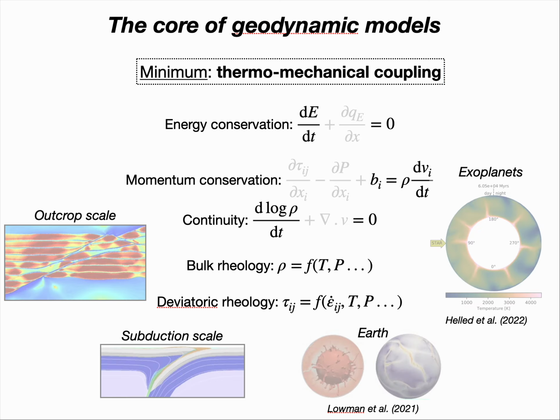The first thing we are going to do for the next lectures is cancel out or neglect all the terms that feature a spatial variation. So you see all the divergence terms here are cancelled out.